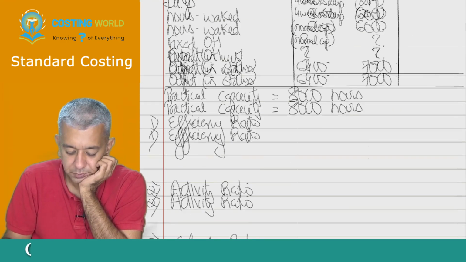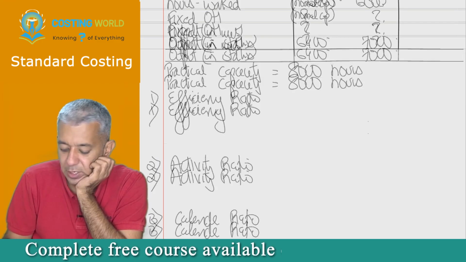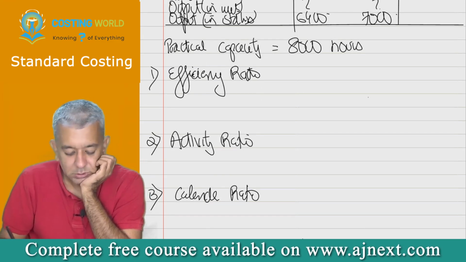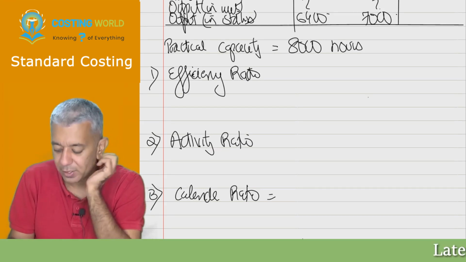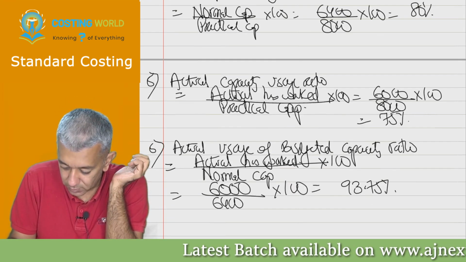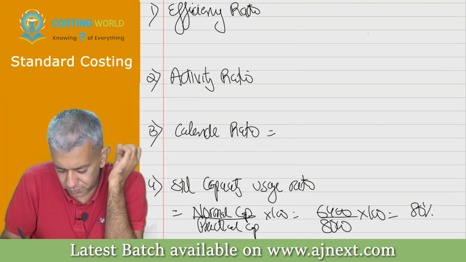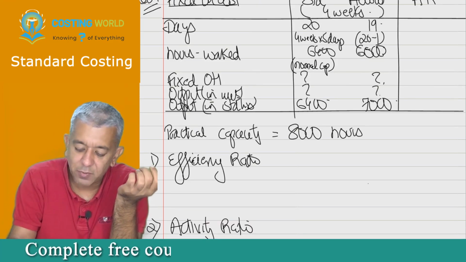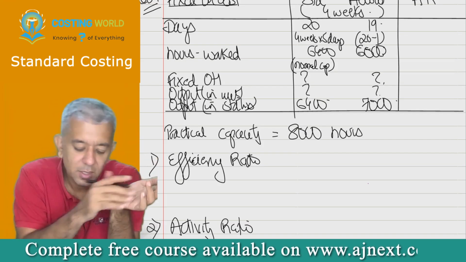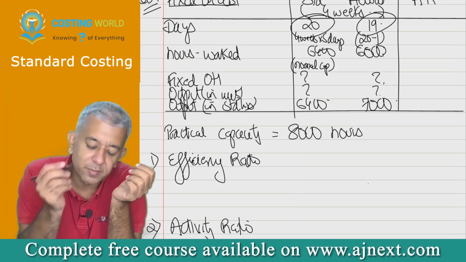Further. Now see, these three ratios which are left are derived from variances only. I'll do the easier one, calendar ratio. If you want to use your variances, you can. Tell me, if I was computing variances, then calendar variance will be adverse or favorable?